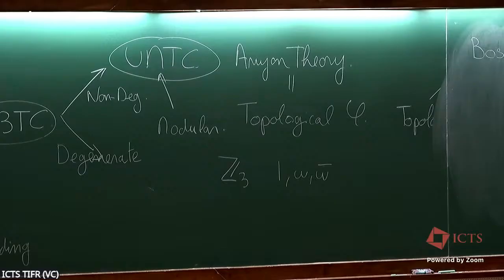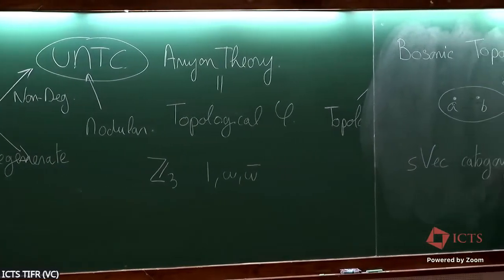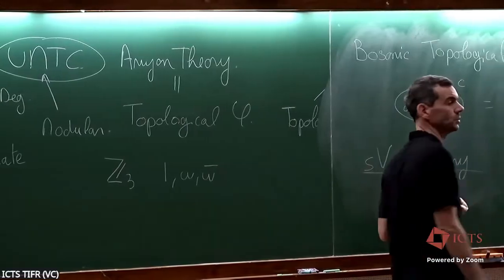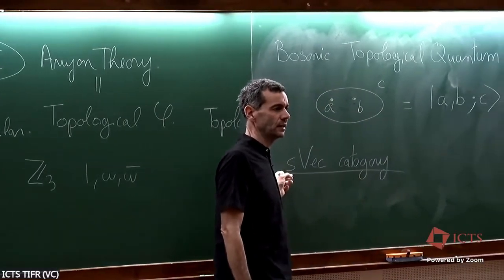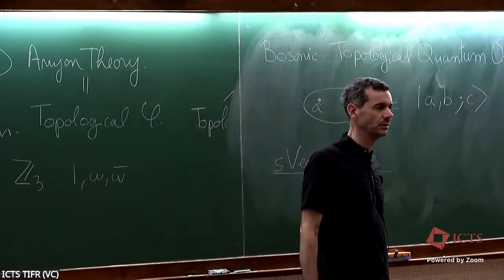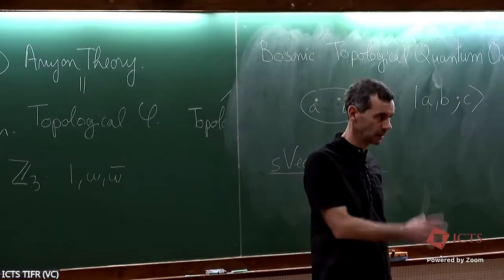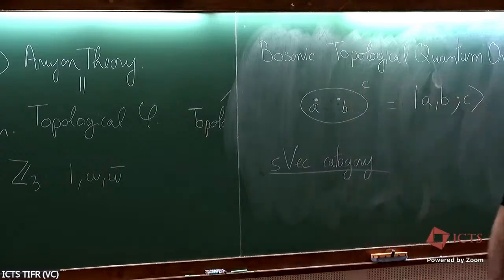Usually you need to use what we call the SVEC category. I cannot really tell you much more with simple words for the moment. That's something I'm also learning currently, but it's a different framework.